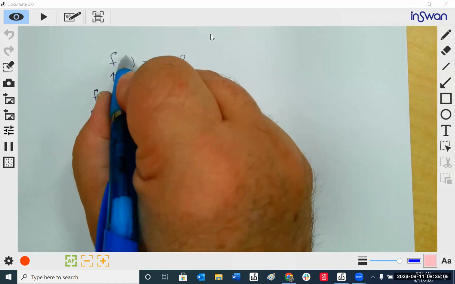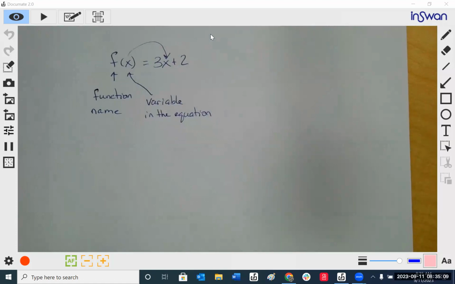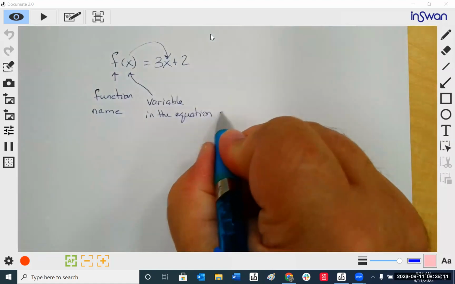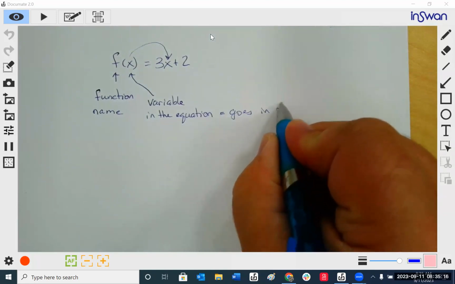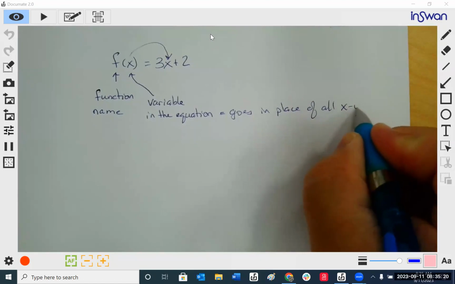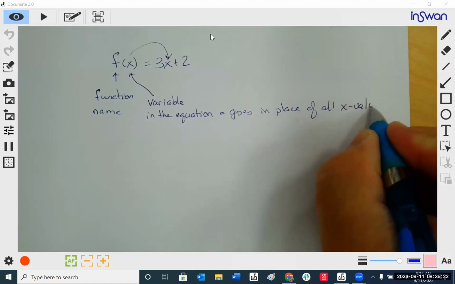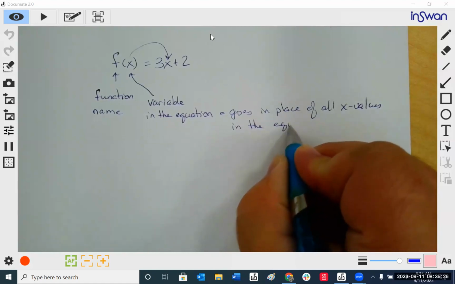Whatever goes in here goes in place of all the x's in the equation, in place of all x values in the equation.